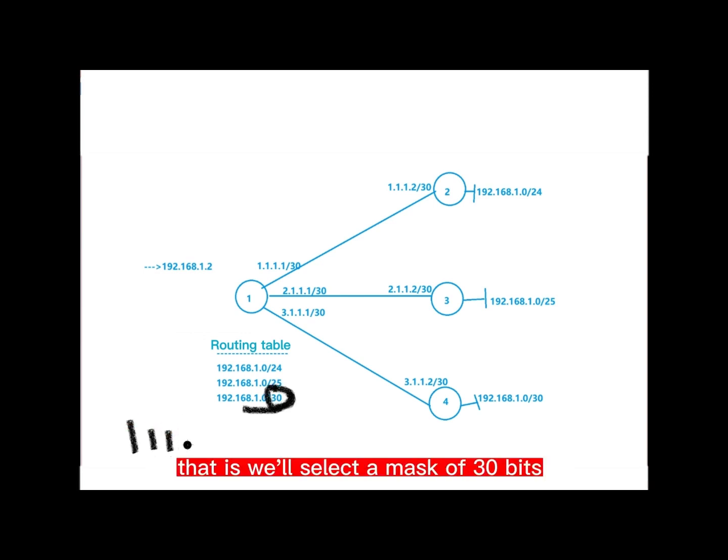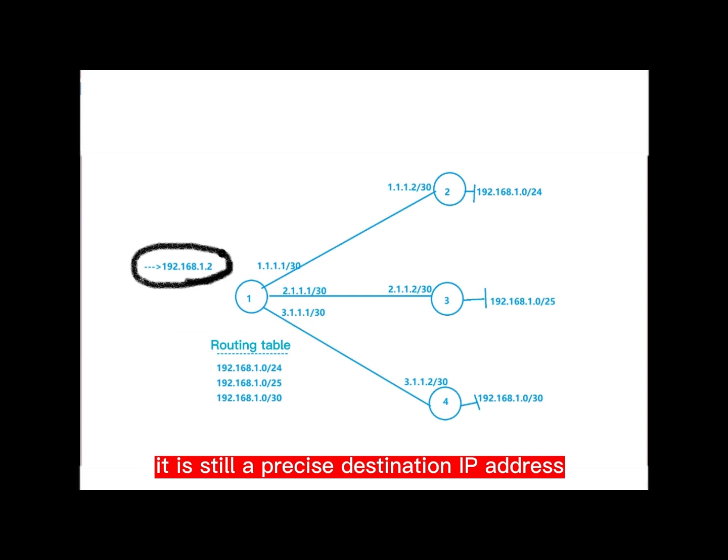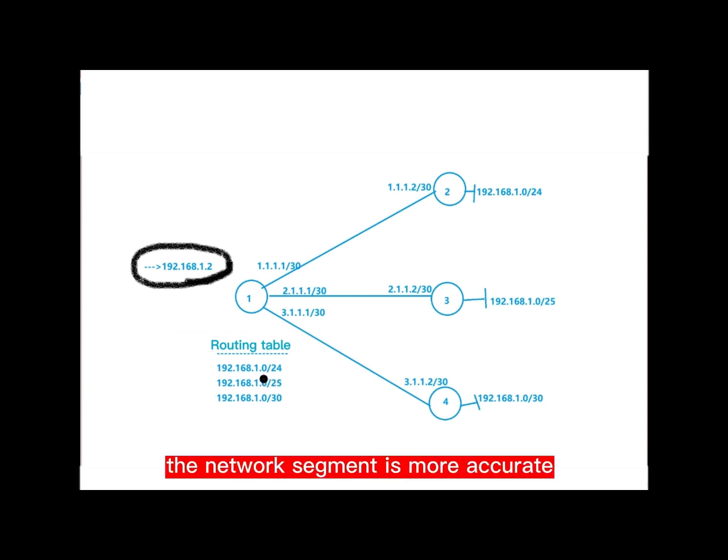That is, we'll select the mask of 30 bits. Since the mask is the longest, it represents a longer network portion and fewer hosts. Although the destination is a network segment, in the end it is still a precise destination IP address. The fewer IP addresses a network segment covers, the more accurate it is.